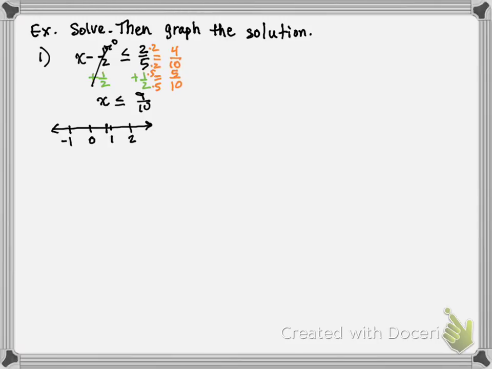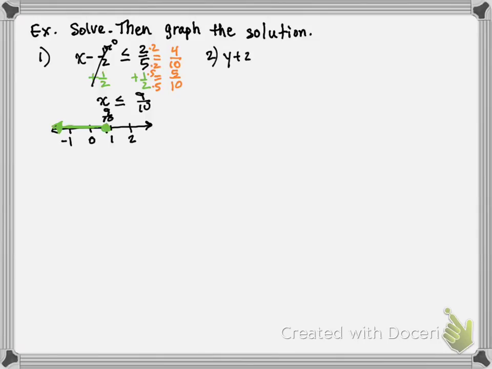I'm going to label it as 9/10 so that my audience knows. Now, less than or equal to says I'm going to do a closed circle at 9/10, and I color to the left for less than. So color in that arrow cap, be really thick with your coloring. Don't make somebody try to figure out what direction you colored in. Okay, let's try another one.